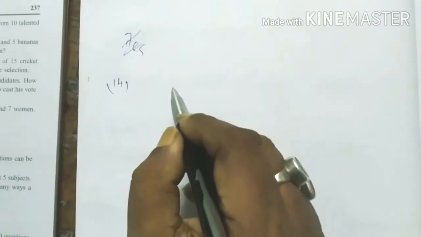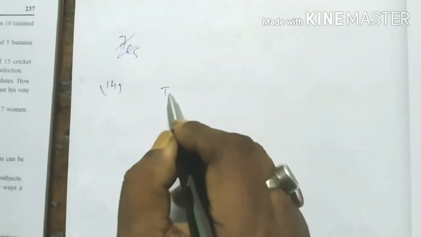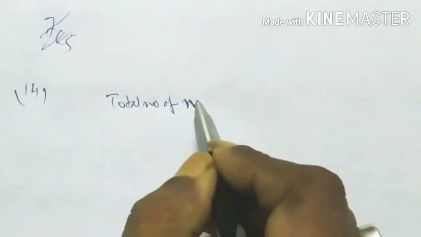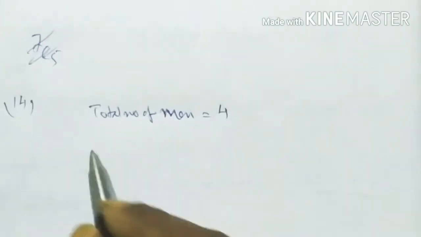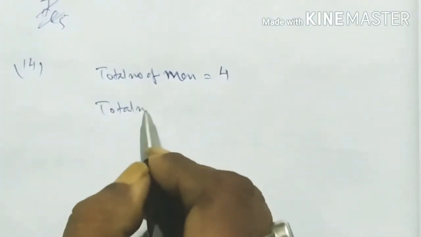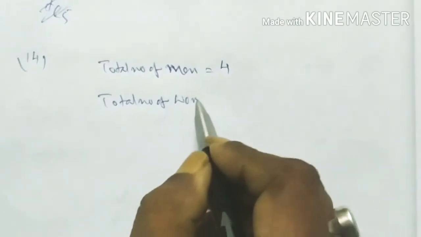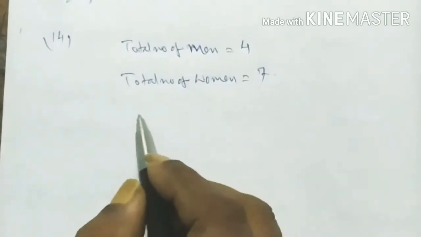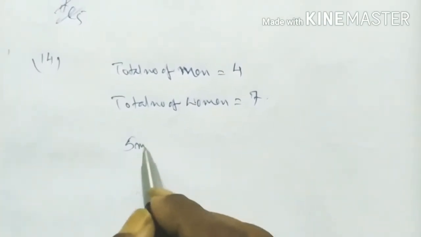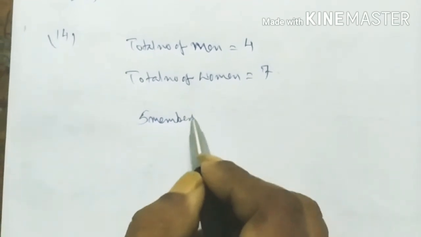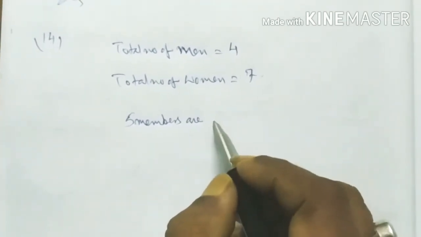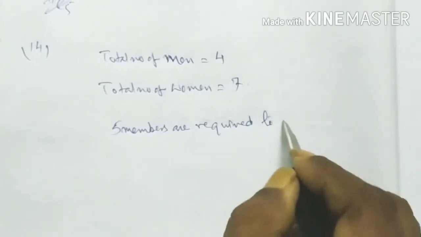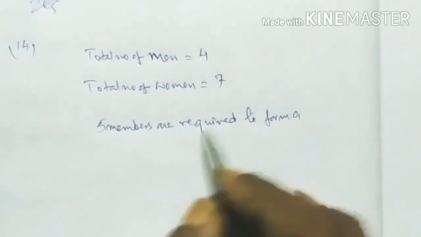It is given that the total number of men is equal to 4 and the total number of women is equal to 7. 5 members are required to form a committee.